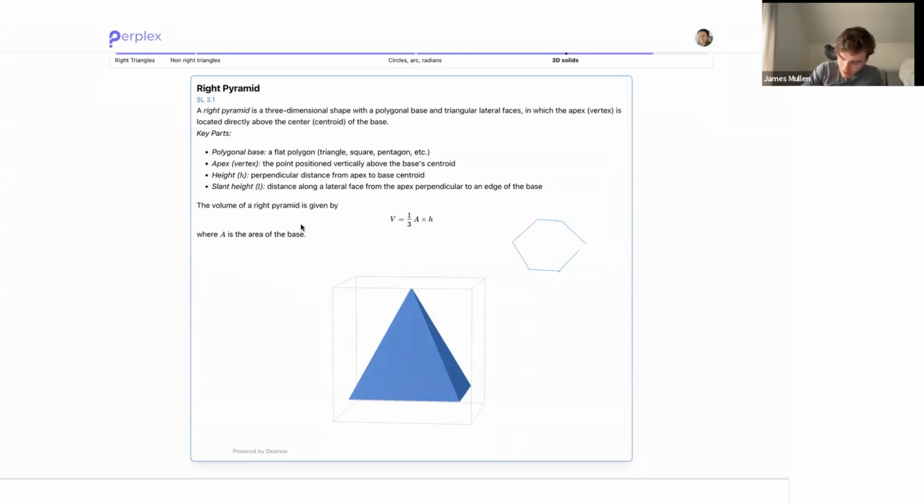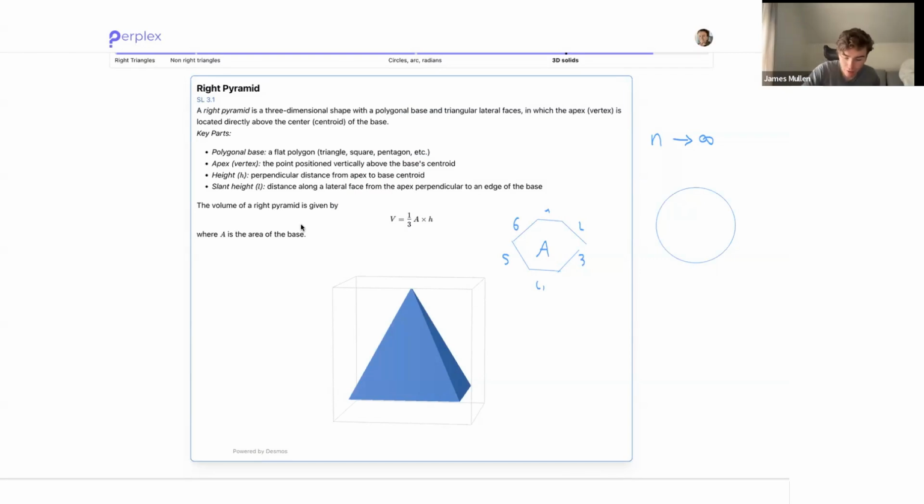A hexagon has 1, 2, 3, 4, 5, 6 sides. And I want you to imagine that I keep taking these regular polygons, but I let the number of sides approach infinity. What happens is that the shape becomes basically a circle. The more sides there are, the closer it gets to a circle.